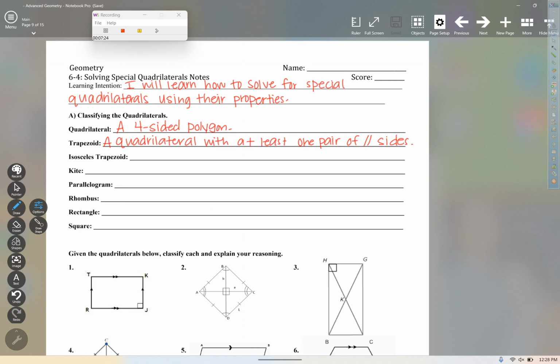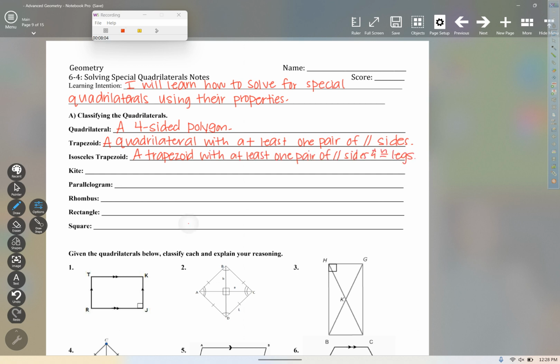An isosceles trapezoid is a trapezoid with at least one pair of parallel sides and congruent legs. Or base angles. Some teachers say base angles and some teachers say congruent legs. It's the same thing because base angles make the legs congruent and vice versa.